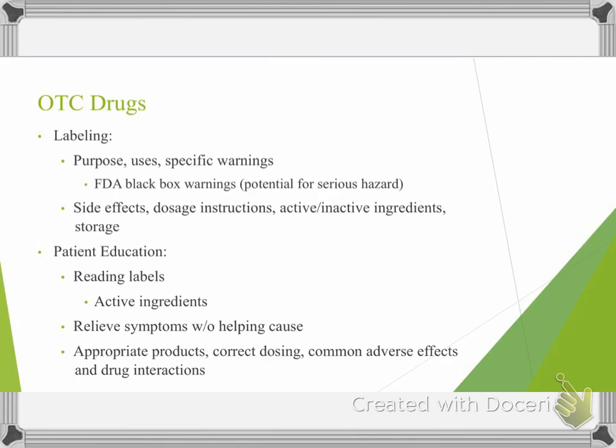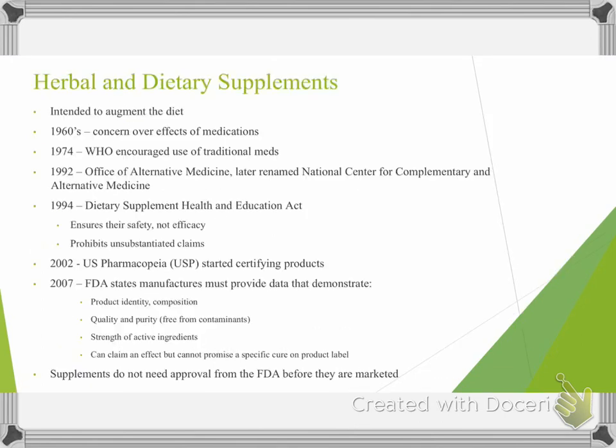Make sure they're taking appropriate products, the correct dosing, and make sure they know about common adverse effects and drug interactions. We're talking about herbal and dietary supplements. Now, you don't have to memorize the dates on here. It's just to give you an idea of how this has evolved. About 50% of U.S. adults use supplements.